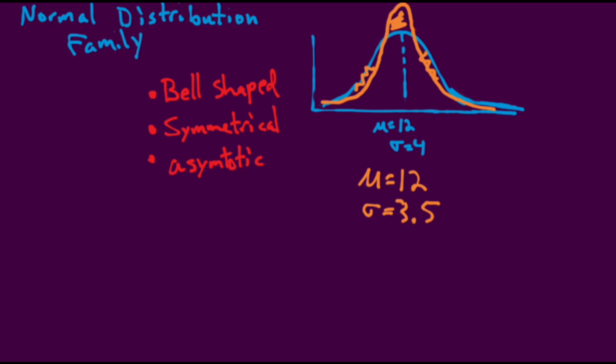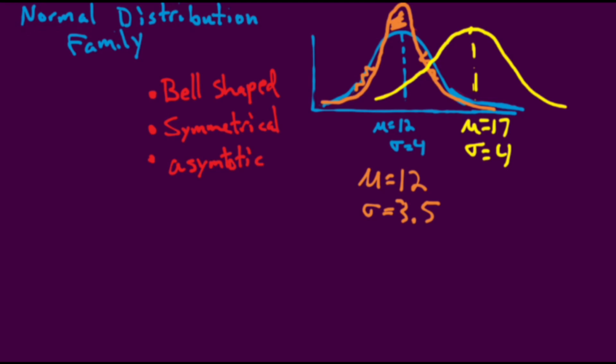So those are two distributions, both normal distributions. We could also have a normal distribution out here, something like this, where let's say the mean is 17, and we'll keep the standard deviation, also 4.